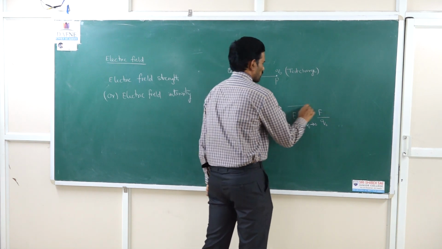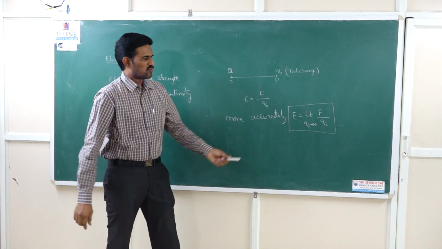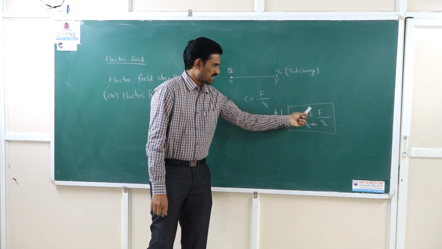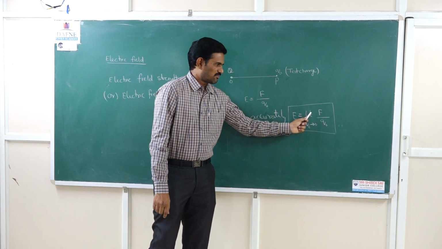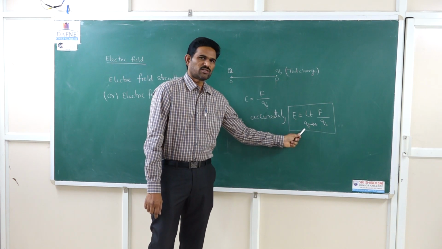So that is the actual meaning of this expression for the electric field. So we should consider the same definition only, just I am taking it as a limit Q naught tends to 0.